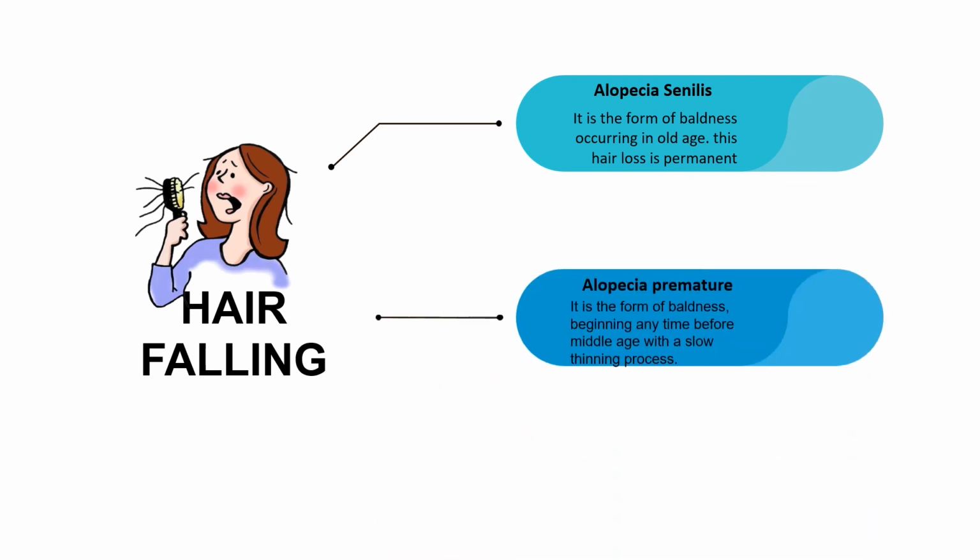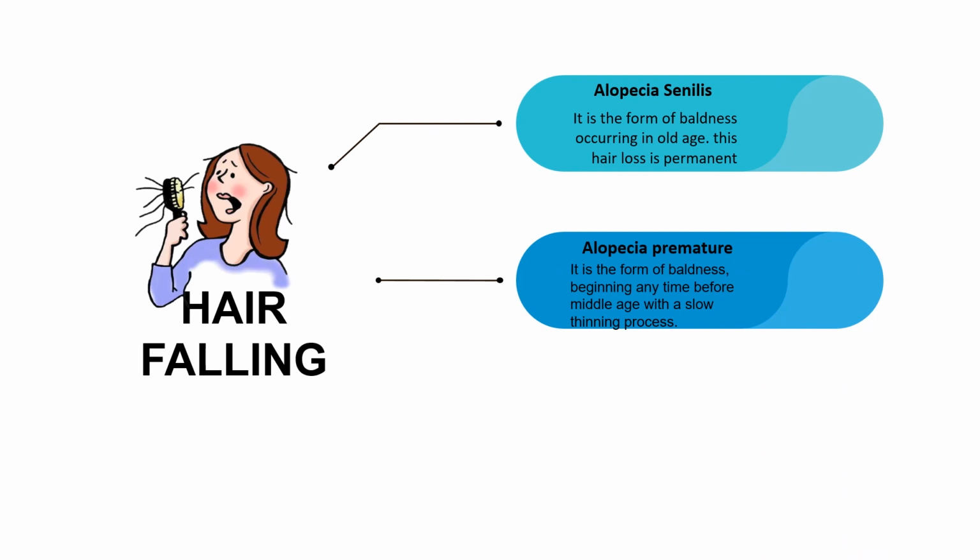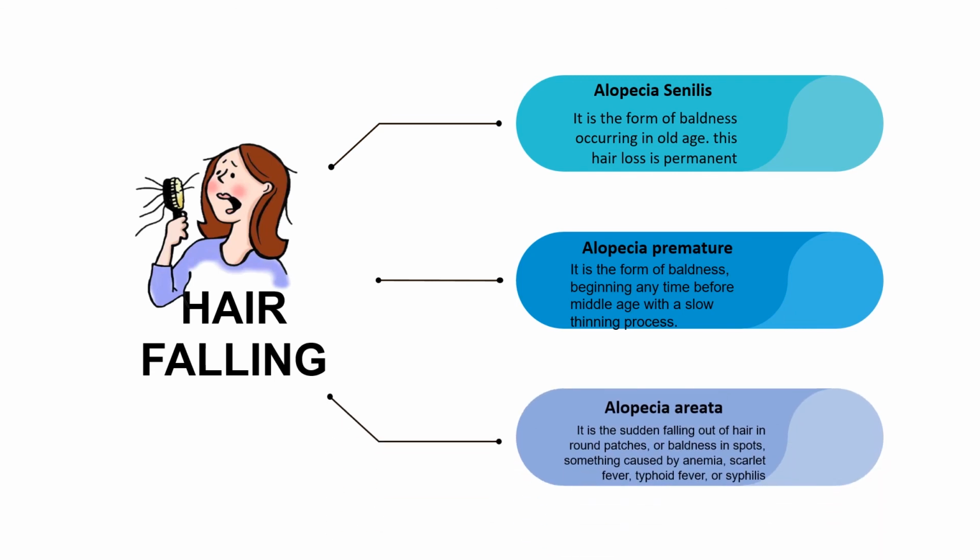It is a form of baldness beginning at any time before middle age with a slow thinning process. Alopecia areata is a sudden falling out of hair in round patches, or baldness in spots. It is sometimes caused by anemia, scarlet fever, typhoid fever, or syphilis.